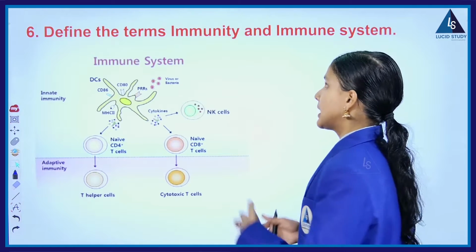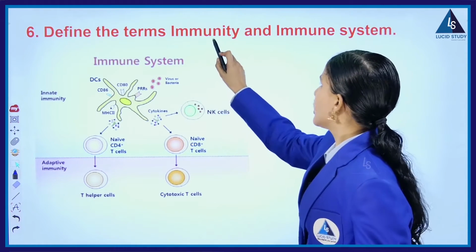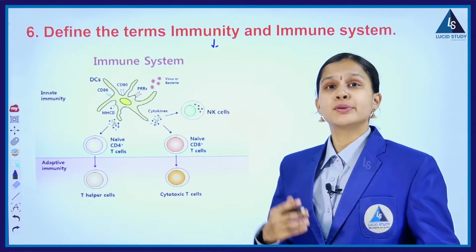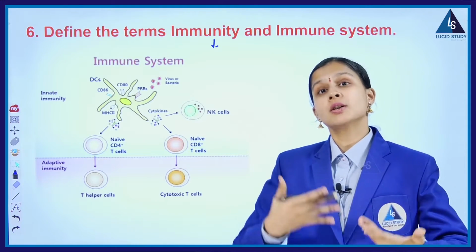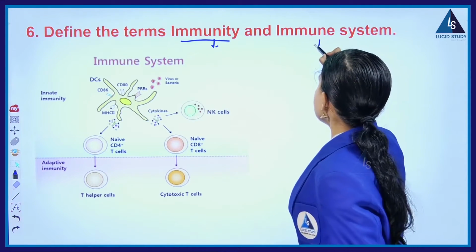Next question. Define the terms immunity and immune system. So yes, what is immunity first? It is the overall capacity or ability of an individual to fight against disease causing microorganisms, or infectious or harmful microorganisms. It is called immunity. What is the immune system?